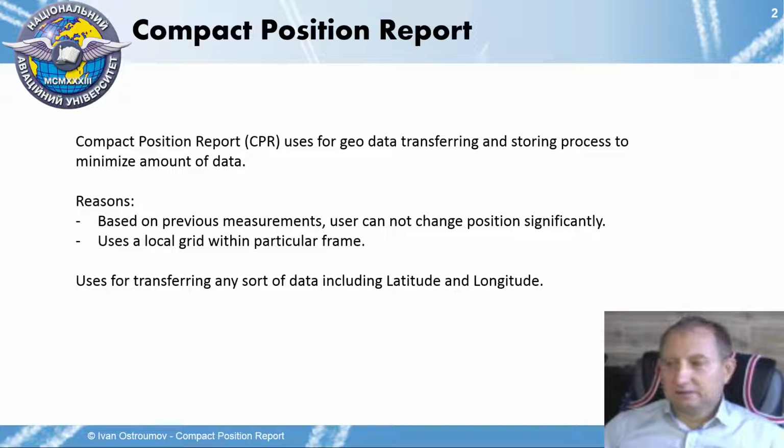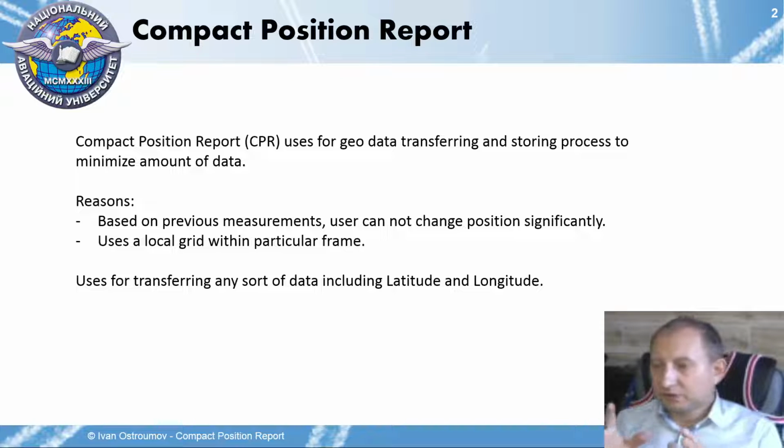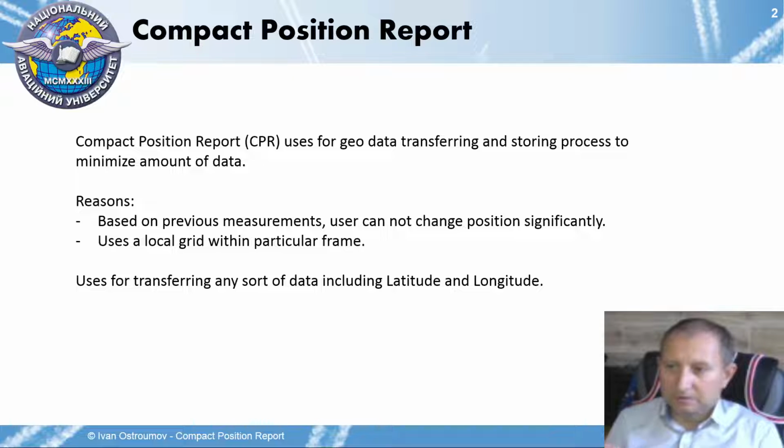That's why the main idea of CPR is just to localize a small frame, then locate in this frame a small reference system, coordinate system, and then transform our latitude and longitude to the small local reference frame.